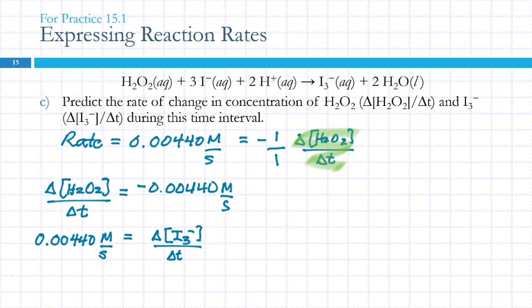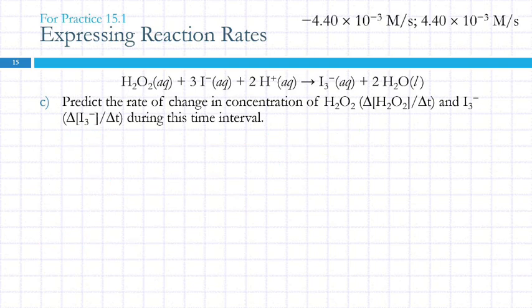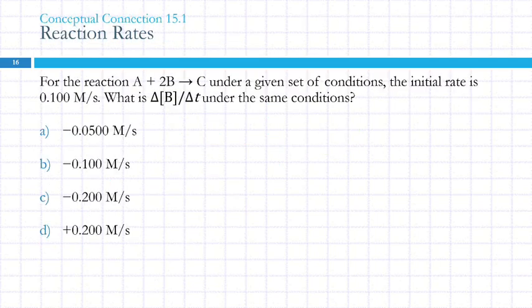And we don't have to do anything. The rate of change for the I3 minus is the same as the rate of the reaction because its coefficient is 1. The H2O2 had a coefficient of 1, but because it's a reactant and it's decreasing, it's negative of the rate. Any questions? Cool, I got the answers right.